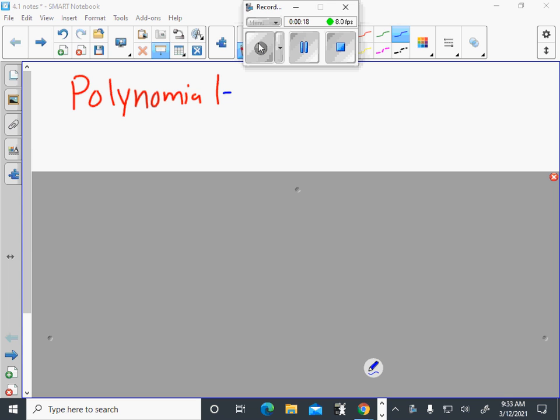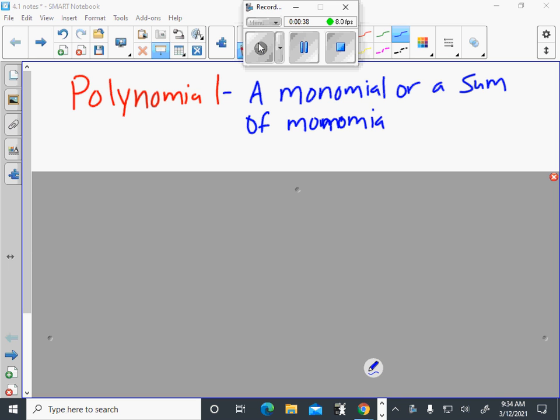A polynomial is a monomial or a sum of monomials. What does that mean?